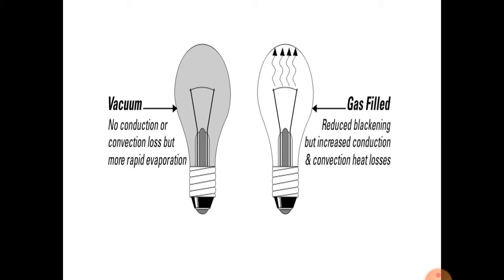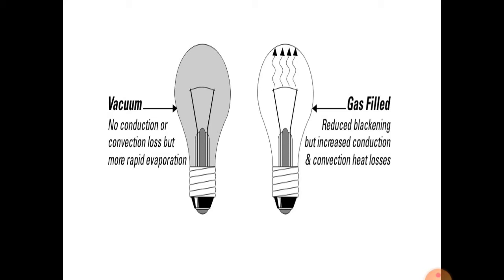In vacuum filled lamps there is no conduction or convection loss but more rapid evaporation. Means when the electric current passes through the tungsten filament, heat is generated, and due to the generation of heat the particles of the tungsten evaporate. So in vacuum there is more rapid evaporation of the tungsten filament.